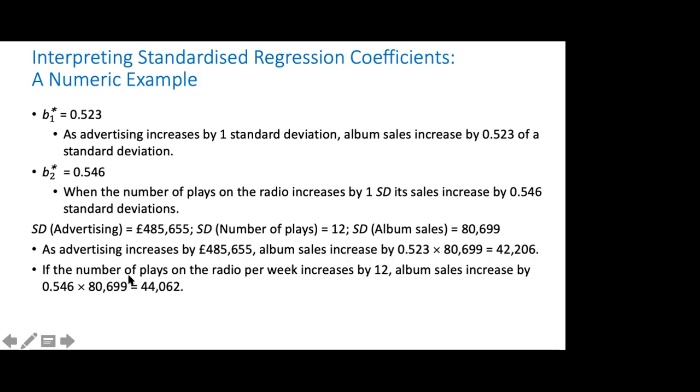Whereas if the number of times the song is played on the radio increases by 12, so 1 standard deviation is 12 for the number of times it's played, then album sales also increase by roughly half of the standard deviation of sales, 44,000. Yeah. All right.